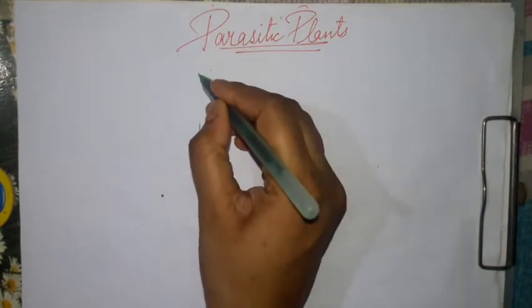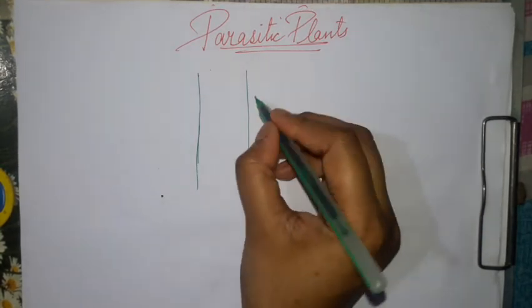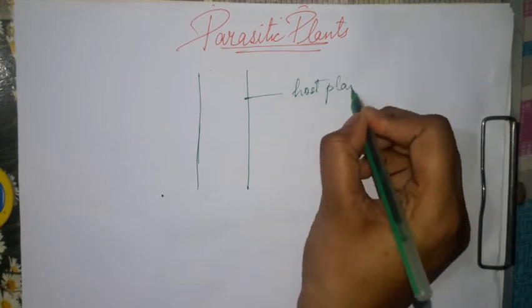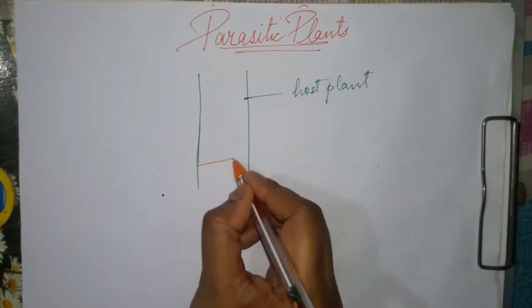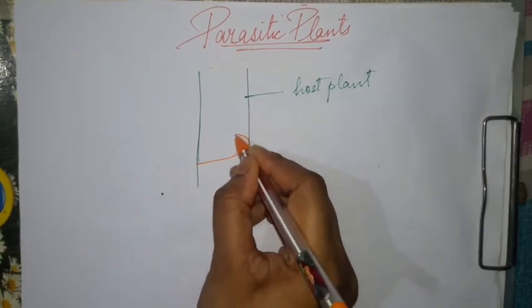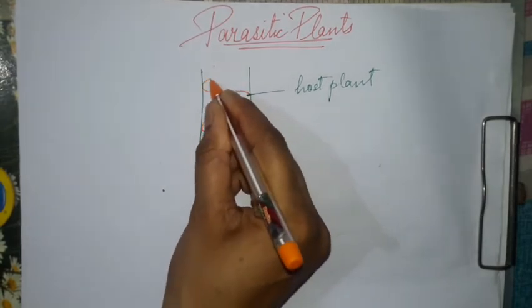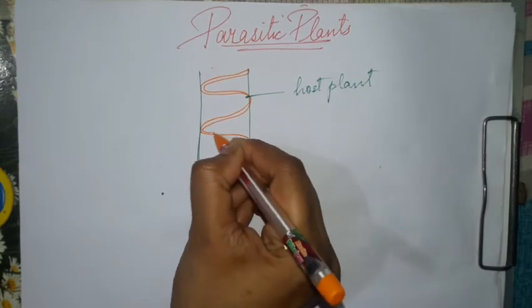I am drawing the diagram of the host with the help of green color. Suppose this is the host plant. What the parasites like Cuscuta do is they twist themselves completely on this host plant, just as I am showing you. This is how they twist themselves.